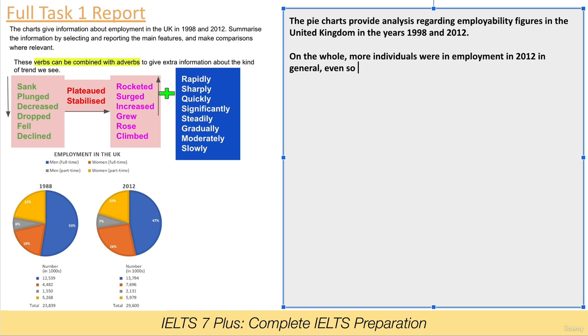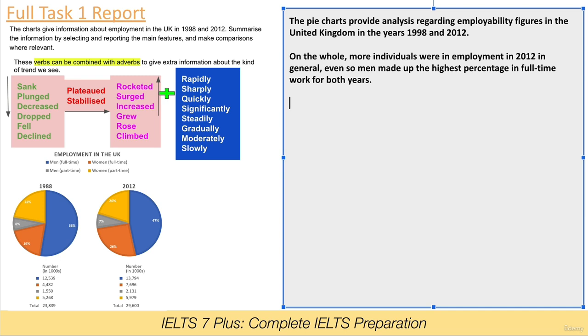Even so, men made up the highest percentage in work, in full-time work, I should say, in full-time work for both years.